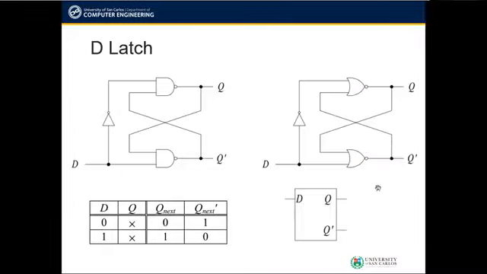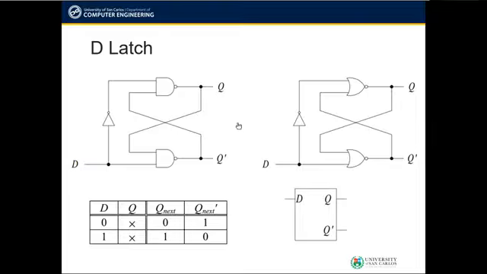The next type of latch is the D latch. A D latch circuit can be achieved using the NAND and NOR implementations of the cascaded NOT gates we derived earlier. We can do that by connecting them like this and like this.